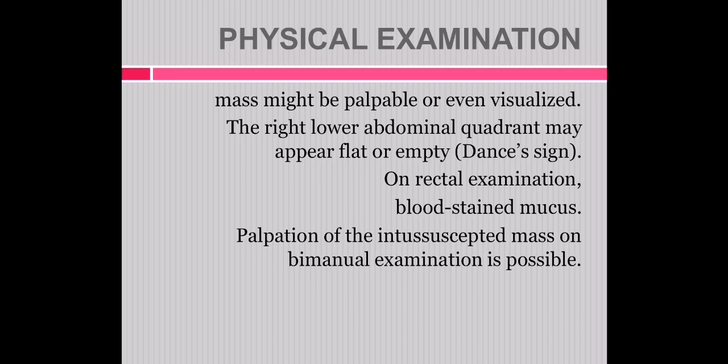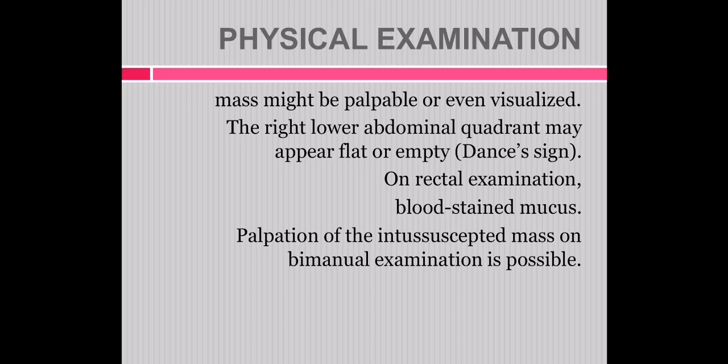Regarding examination, the baby with this condition will usually show, in early presentation, a flat, non-distended abdomen with an empty right iliac fossa, because ileocolic intussusception will cause a mass to be palpable in the right upper abdomen or even the upper abdomen.